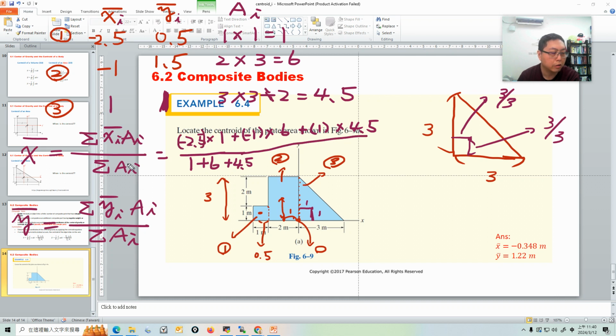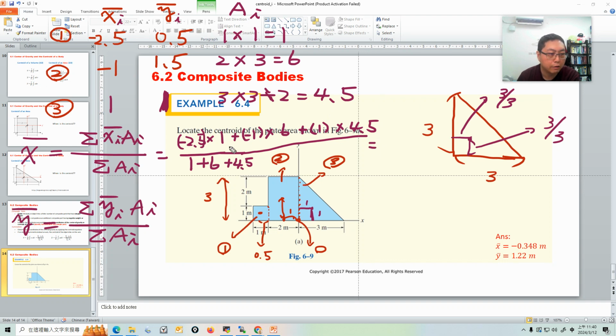So it's the x component of each centroid times its area, the summation of xi bar ai.